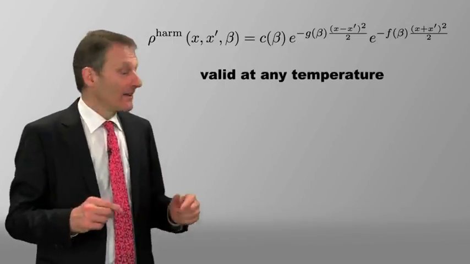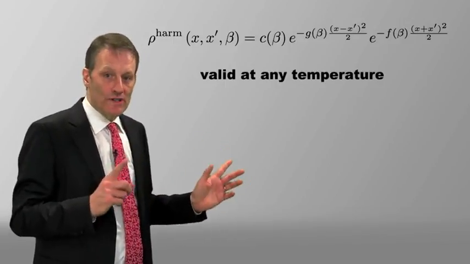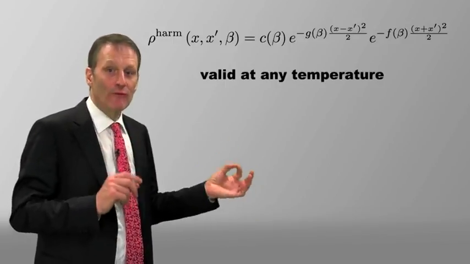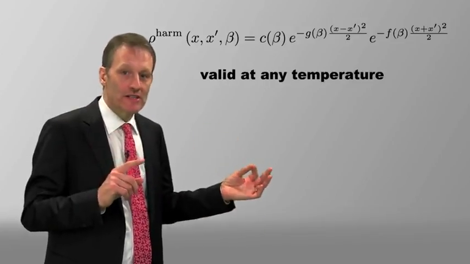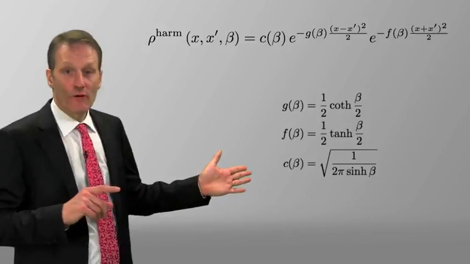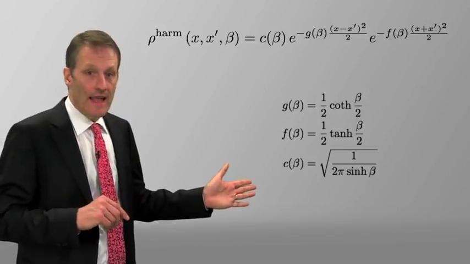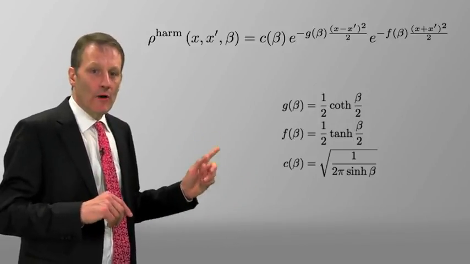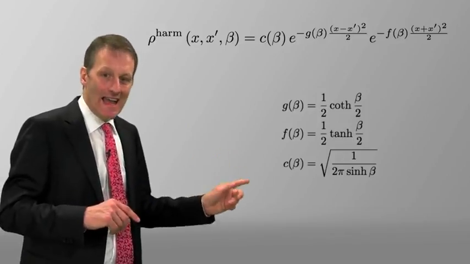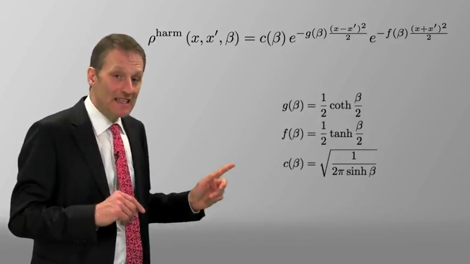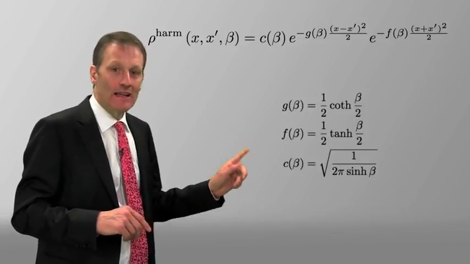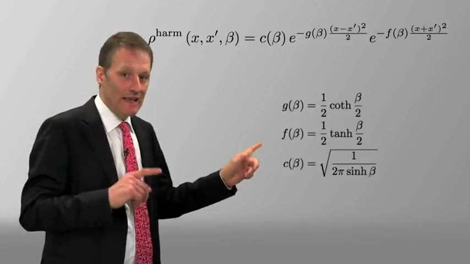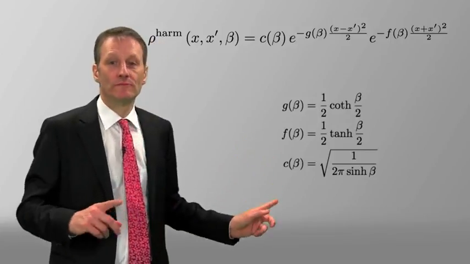And an exact calculation shows that the explicit formula for the harmonic density matrix at all temperatures is given by this expression. The diagonal term, rho harmonic of x, beta, is given by an exponential of minus x squared times the hyperbolic tangent of beta over 2.